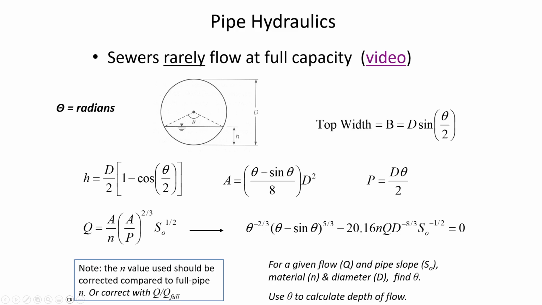So what our approach is going to be is usually we'd be given some flow rate and a channel slope, like what's the slope of the pipe. And we'll know what the pipe is made out of, so its material. And so we're going to find theta and then determine how deep the water is. And so we'll do that when we get together on Wednesday. We'll go through a couple of examples dealing with this partly full pipe hydraulics.